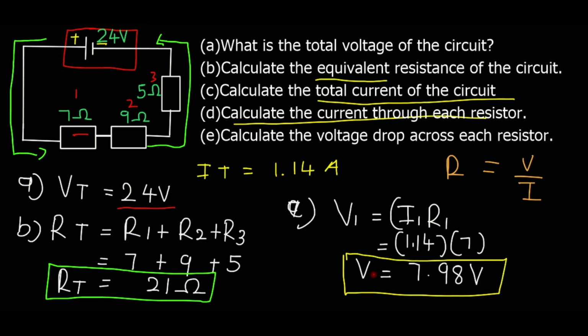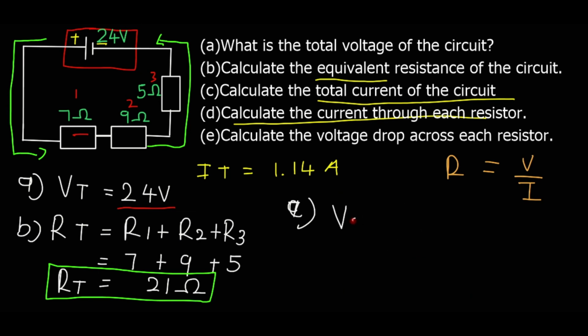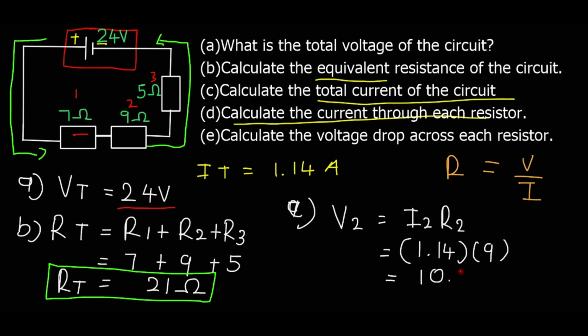Now we will look at V2, because they want the voltage of each resistor. So V2 will be I2 times R2, and because current is the same, we will use this same current, 1.14, and our resistor 2 is 9, so we will have 1.14 times 9, and the answer is 10.26 volts.